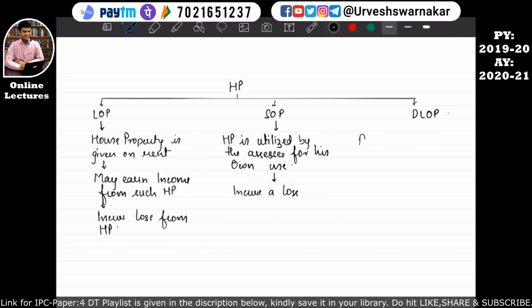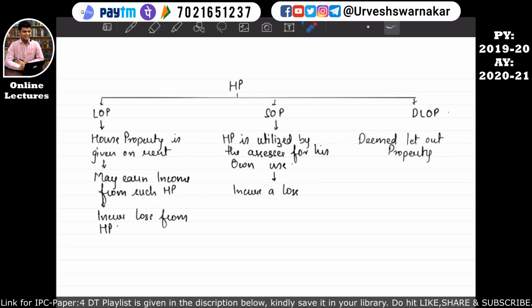DLOP stands for deemed let out property. So firstly, I hope you all have understood what let out property means. Let out property means the assessee has given such property on rent. So we need to understand this word, what deem means.